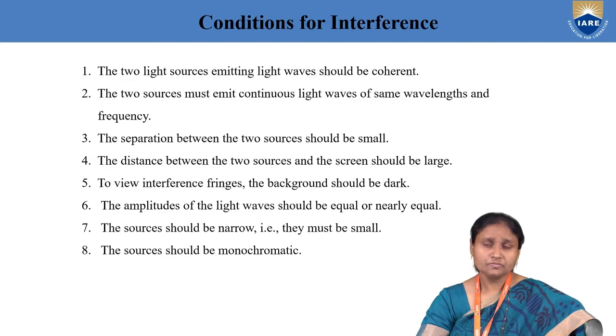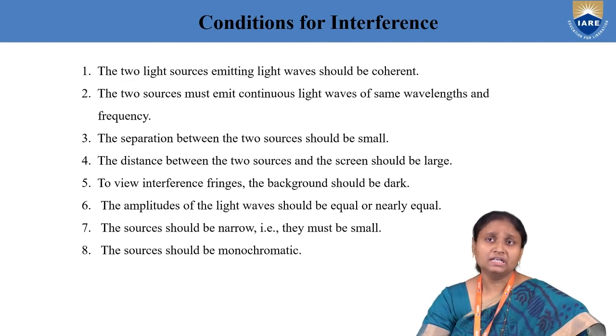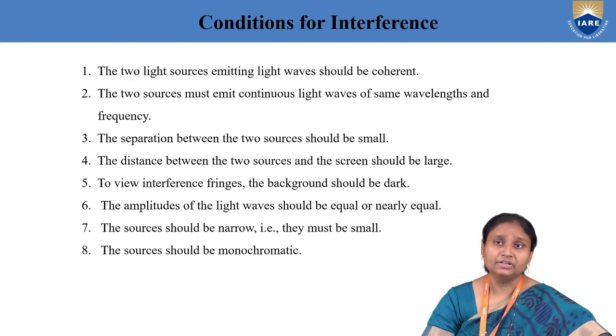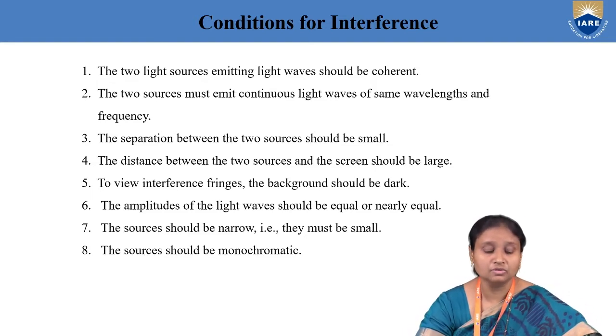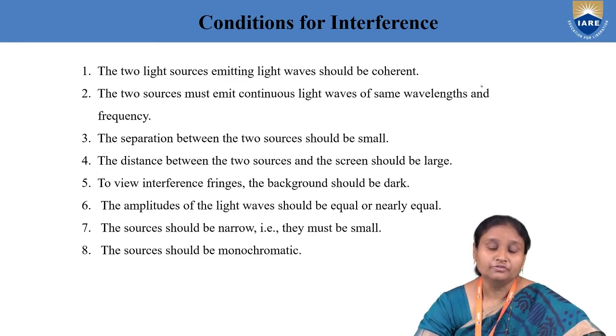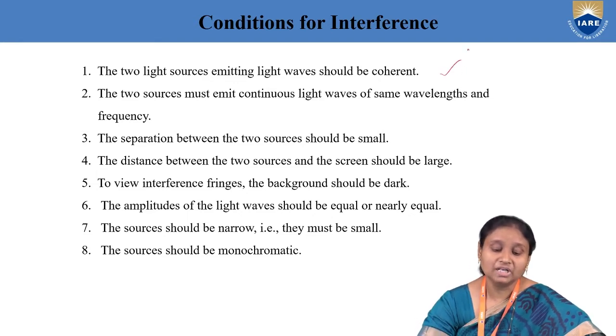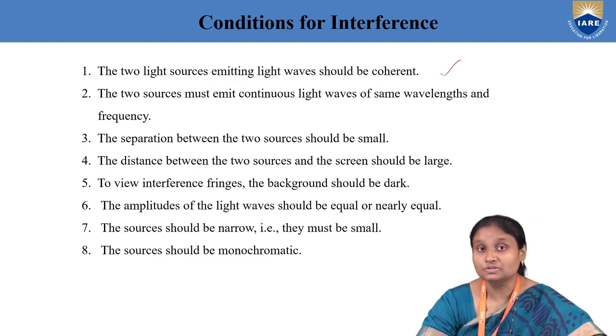And a very important thing: what are the conditions in order to get interference? To get a good interference pattern, we have to follow certain rules, and they are listed here. The first thing is that those two light sources should be coherent. So we have to make use of two coherent sources.